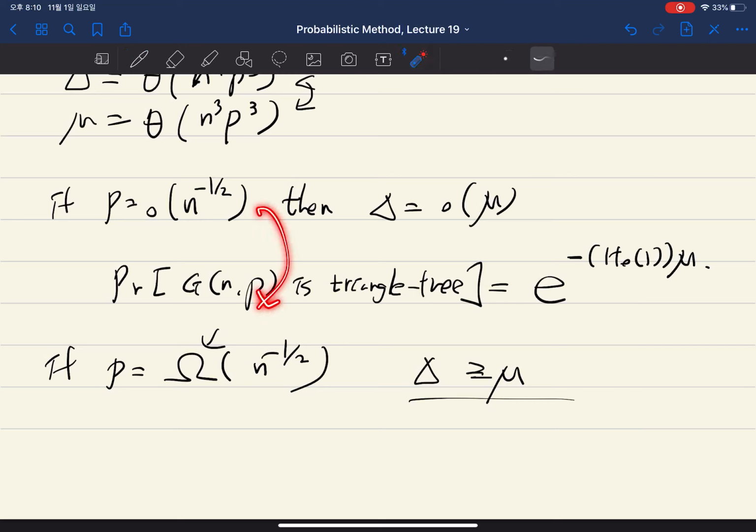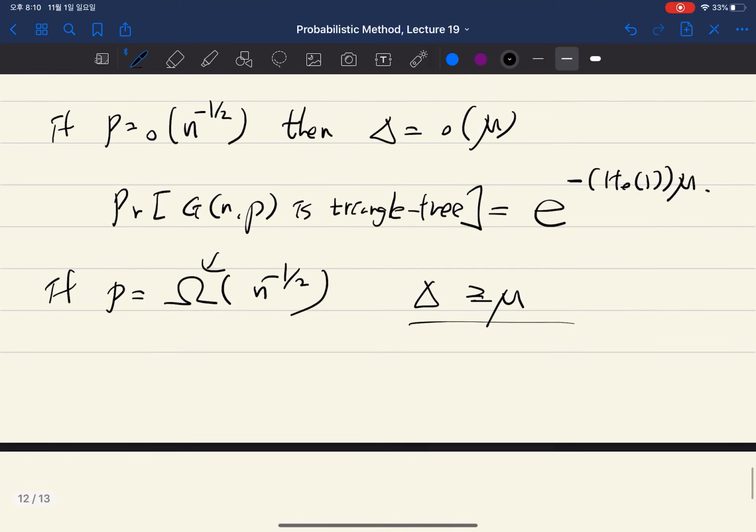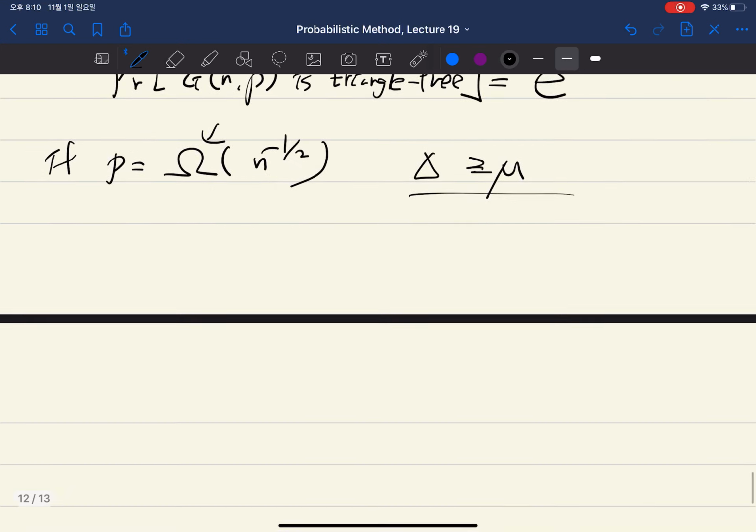There is some gap between these two cases, which is essentially some constant times n to the negative half, but we ignore that. Then delta is bigger than mu, and we can use the extended Janson's inequality.